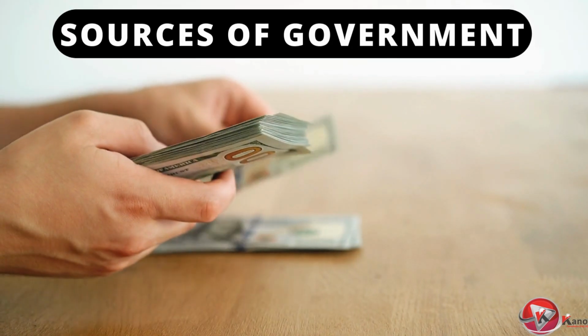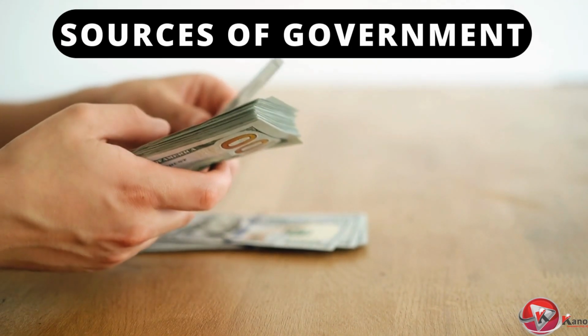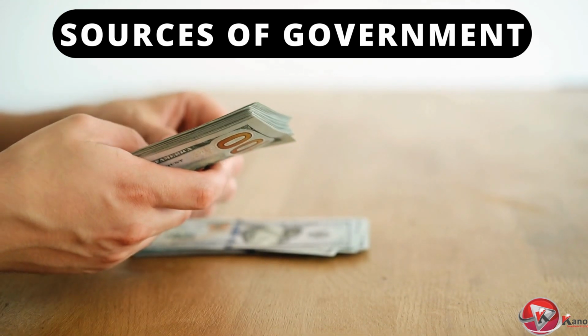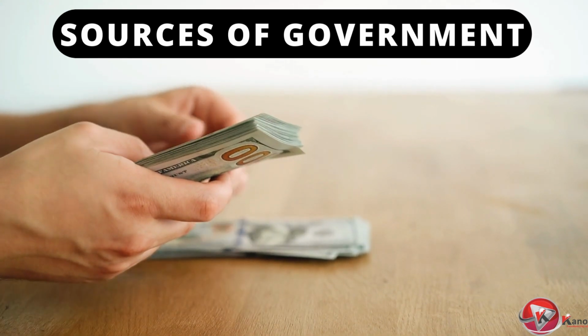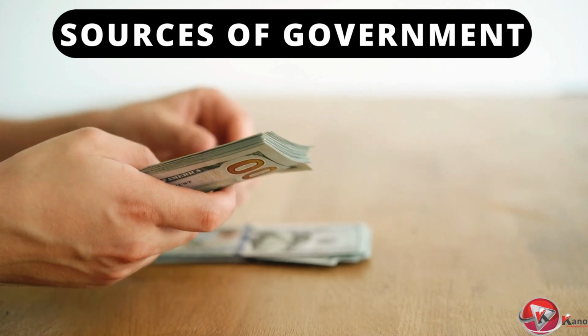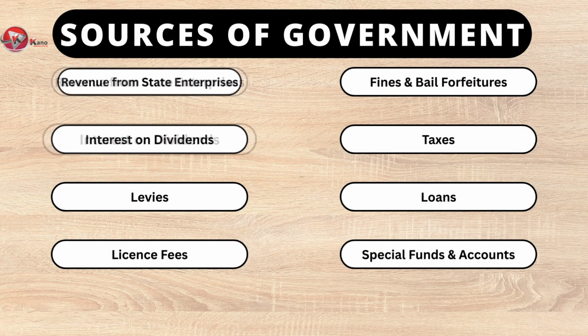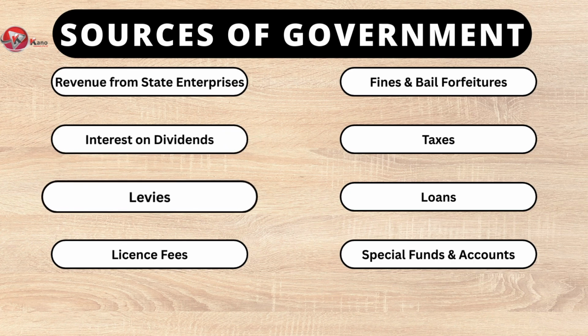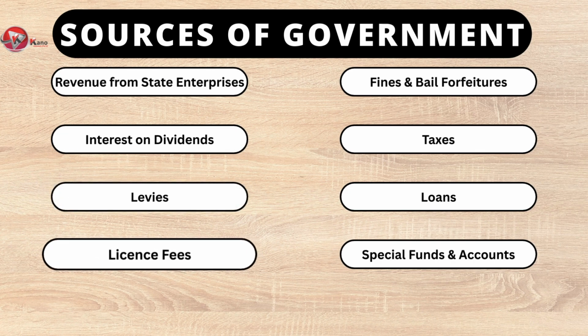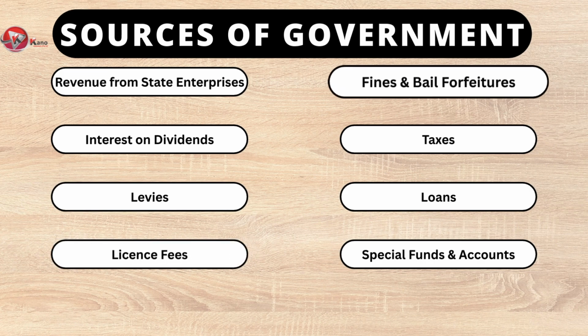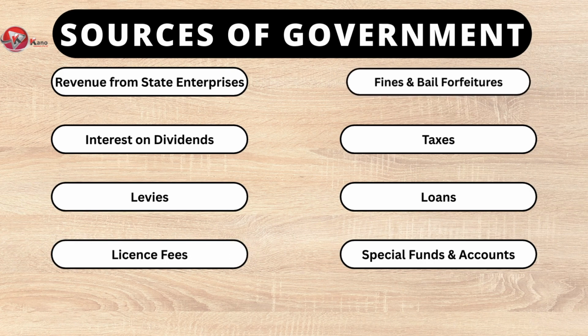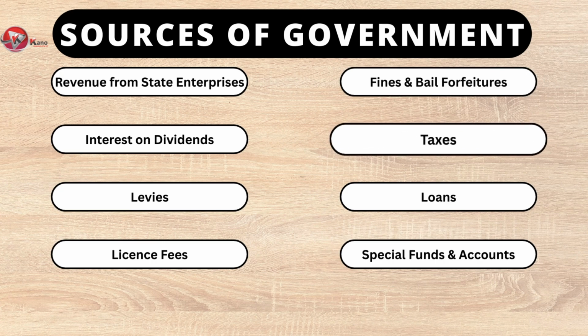In conclusion, the state employs a diverse range of revenue streams to support its operations and ensure financial stability. These sources include revenue from state enterprises, revenue earned from interest on dividends, revenue from levies, revenue from license fees, revenue through fines and bail forfeitures, revenue through various government taxes.